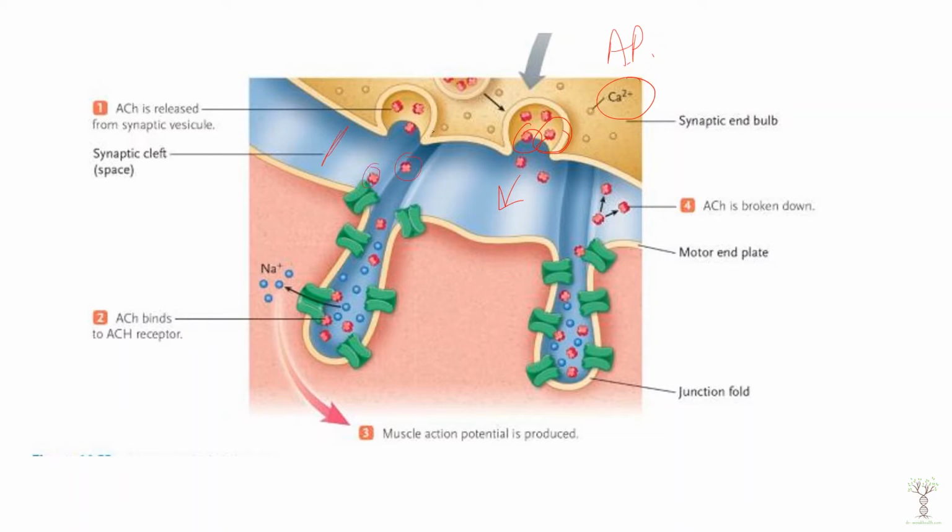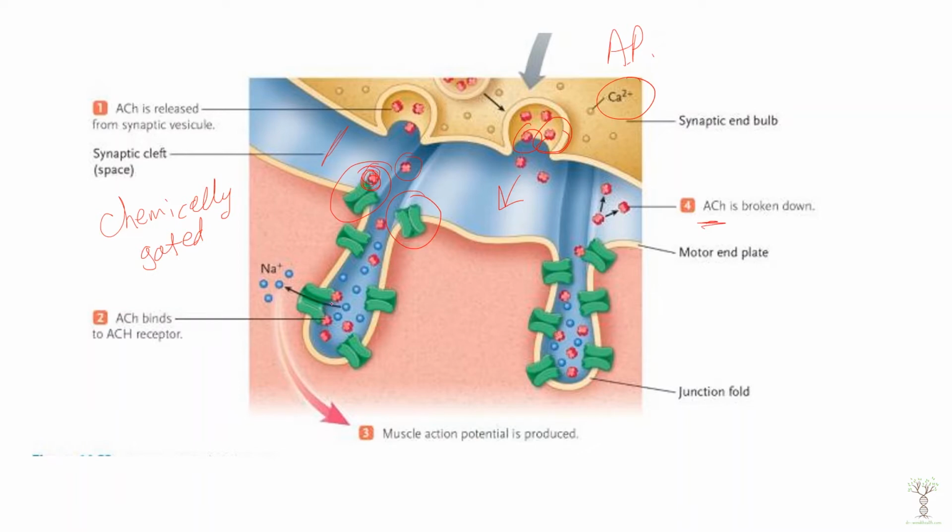When the acetylcholine crosses the synapse, it's going to bind to ion channels. These ion channels are chemically gated or ligand gated because they are going to open and let ions in because of a chemical, and the chemical is acetylcholine.